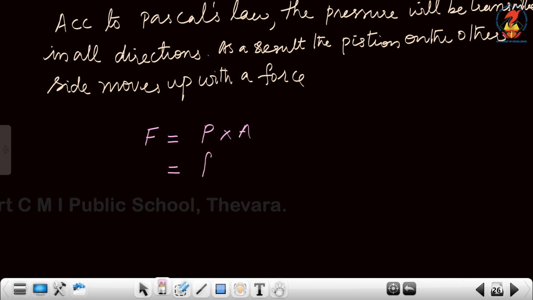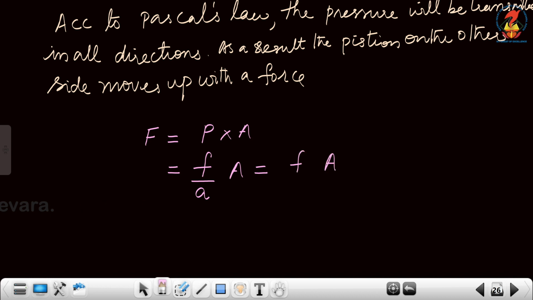So this we can write as f by a into capital A. Or rearranged we can write f into capital A divided by small a.